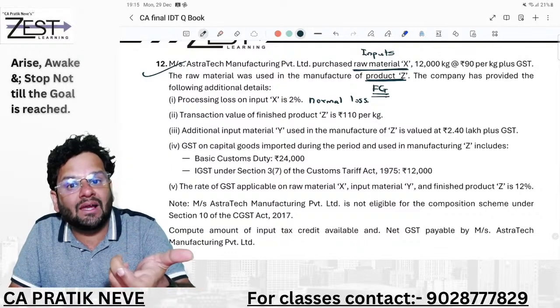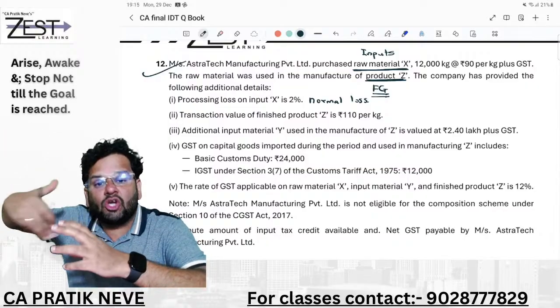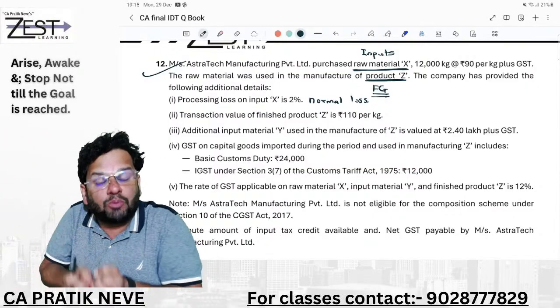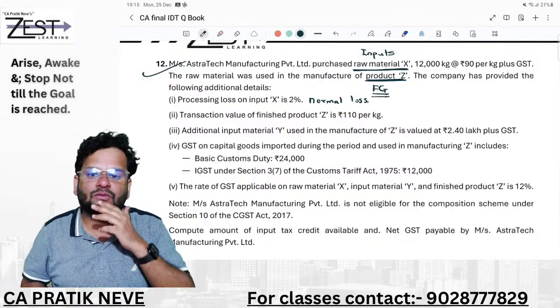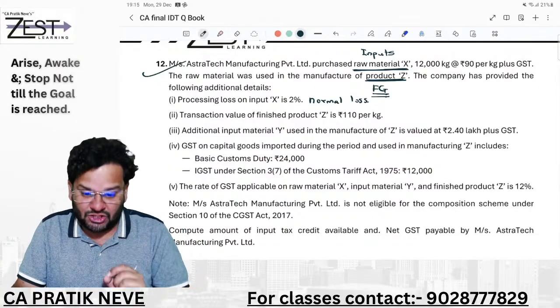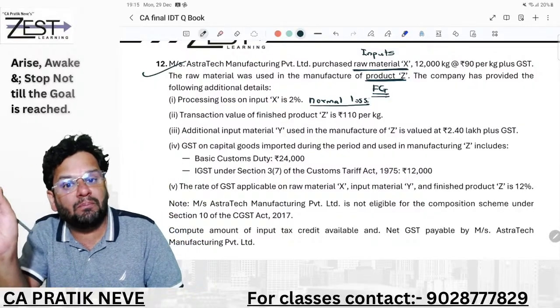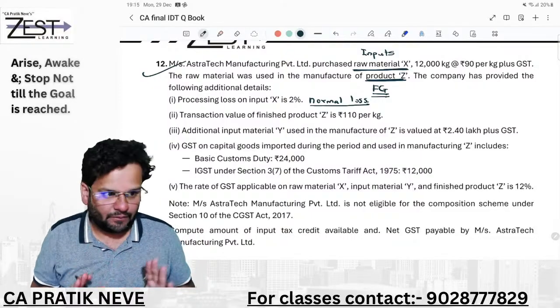If there is a damage, loss, destruction, or writing off of any inputs used in manufacturing of finished goods, then ITC is blocked as per 17(5)(h). But this is a normal loss, that's why ITC will not be blocked. So just forget it as of now.